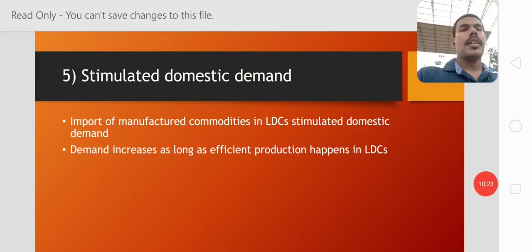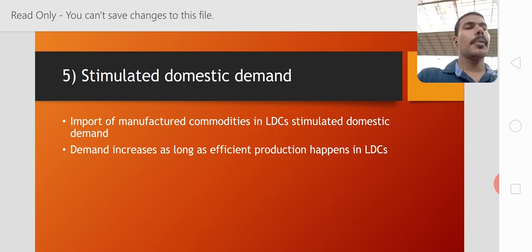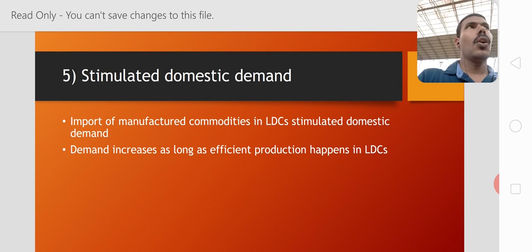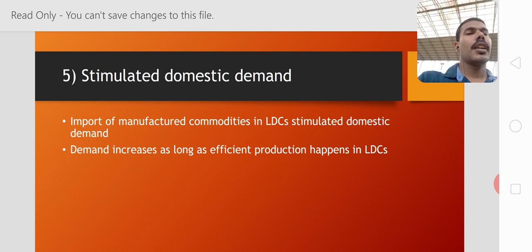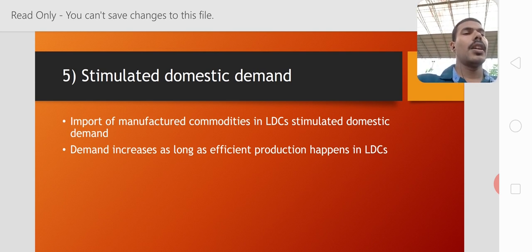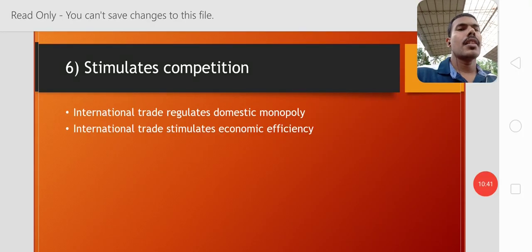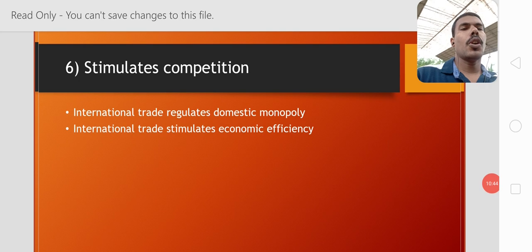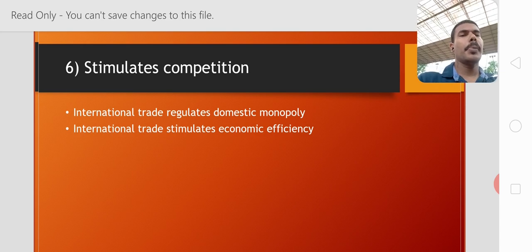Similarly, as international trade promotes efficiency in production, low cost commodities will start to be available in the nation. The sixth one is international trade stimulates competition in the domestic economy, as it is facing heightened competition from the foreign companies.